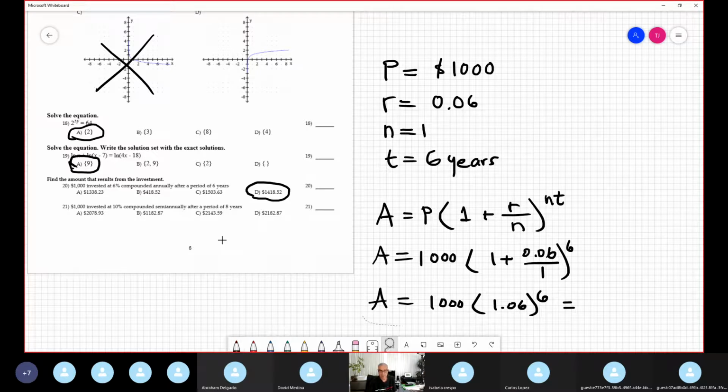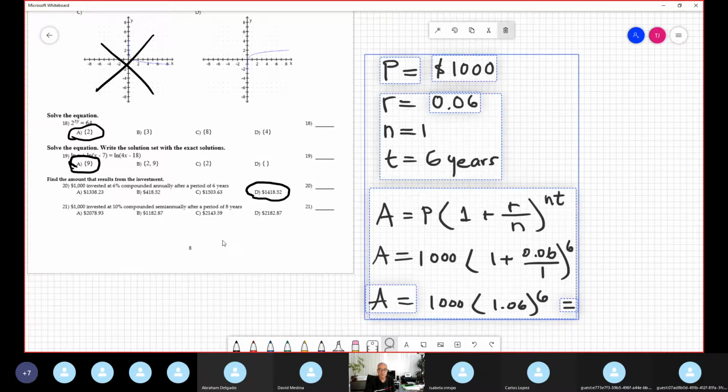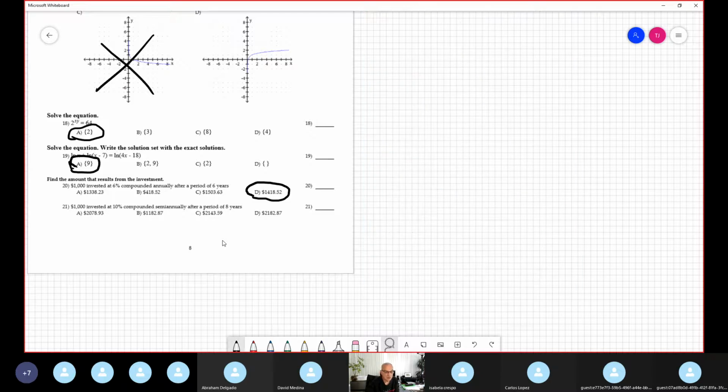Okay. Let's move on to the next one, number 21. In number 21, the present value is the same. The interest rate is 10%, so r is 0.1.